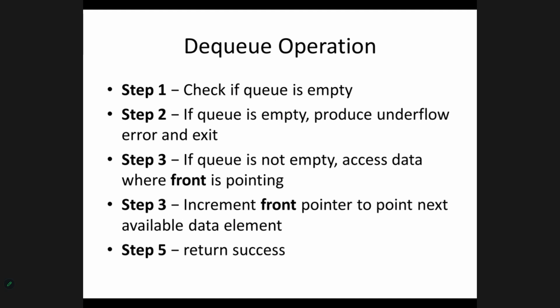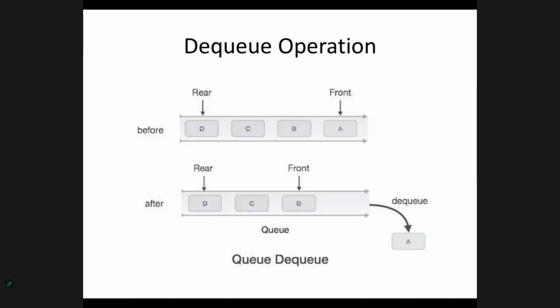If the queue is empty, produce an underflow error or exit. If the queue is not empty, access the data element where front is pointing, and then increment the pointer to point to the next available data element in the queue, and then return success. Okay, done. So this is the algorithm of the DQ operation.